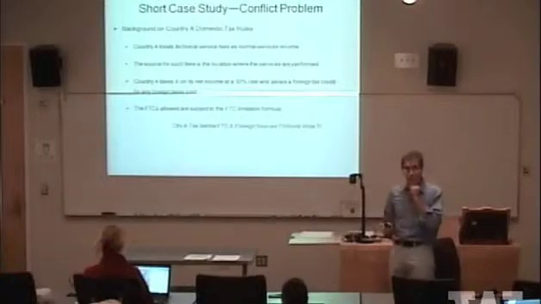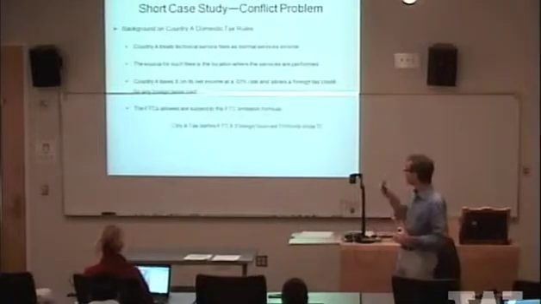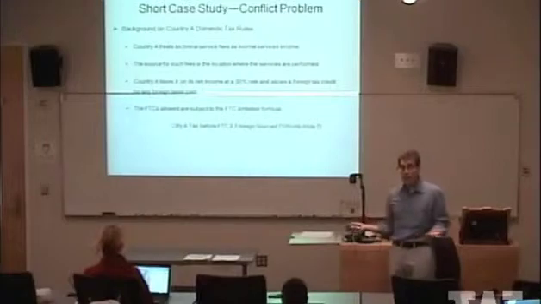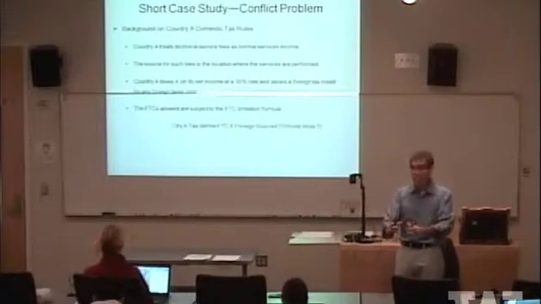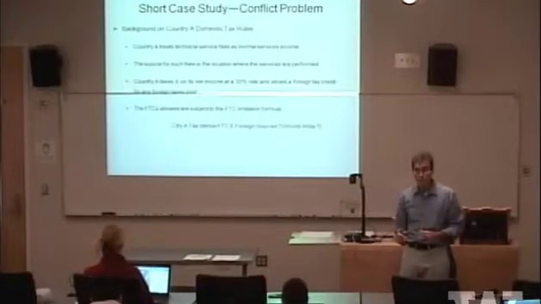Now we go to Country A, and Country A says, hey, this is a normal service under our tax situation. We look at this and we put this squarely inside the services category.